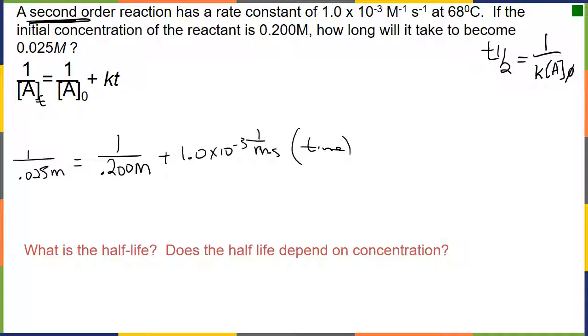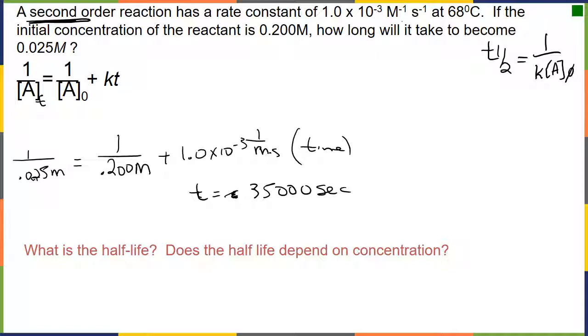And this is just math. We're going to take our 1 over 0.025, subtract 1 over 0.2, divide by our k value, and we're going to find that the time this is going to require is equal to 35,000. Our units are per molar per second, so this is going to be units of seconds.